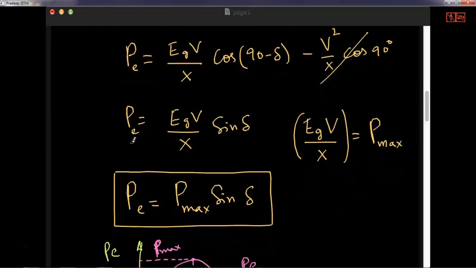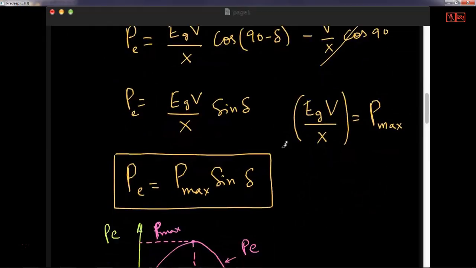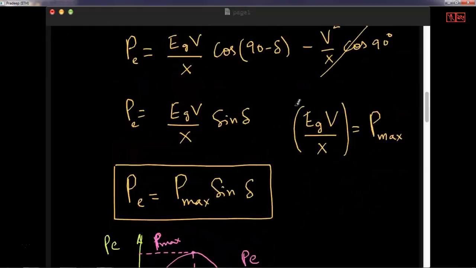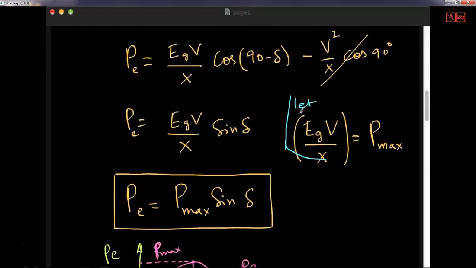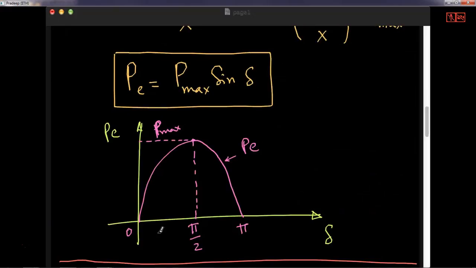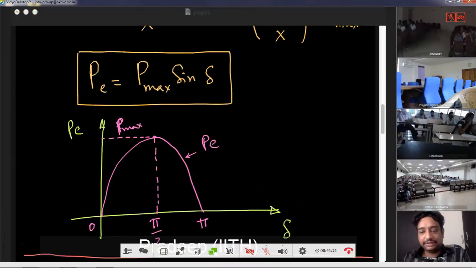So we are getting P max, and finally the power angle relation like this. This is very important. If you have any doubts, feel free to ask right now.